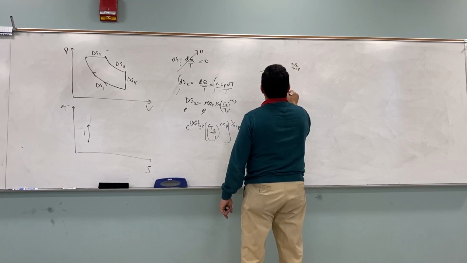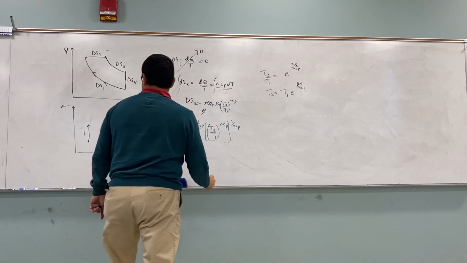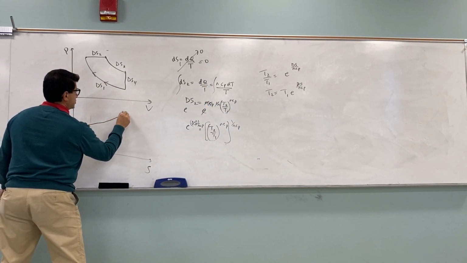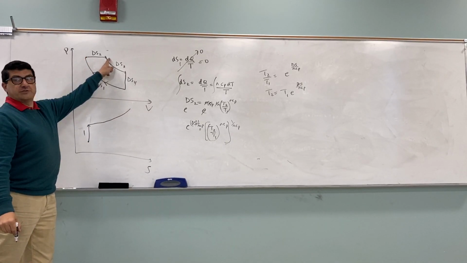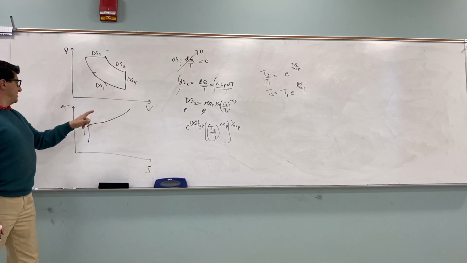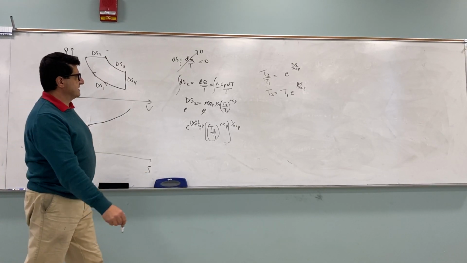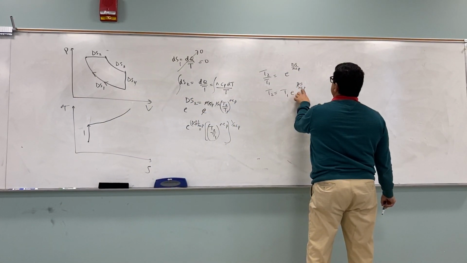T2 is equal to T1 e to the delta S over N Cp. So it's an exponential function on the T versus entropy graph.